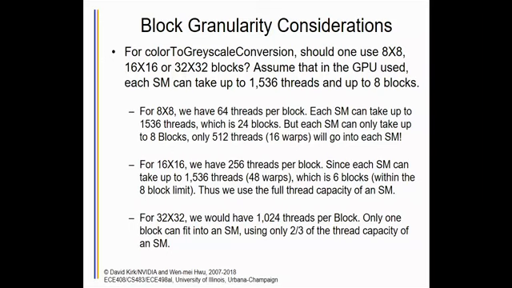How about 32 by 32? If we keep increasing the block size, 32 by 32 means that you have 1,024 threads in the block now, right? 1,024 threads in the block means that you're going to have a little bit of a problem because one thread block is within the thread capacity, but when you try to use 2, you're going to be going beyond the capacity.